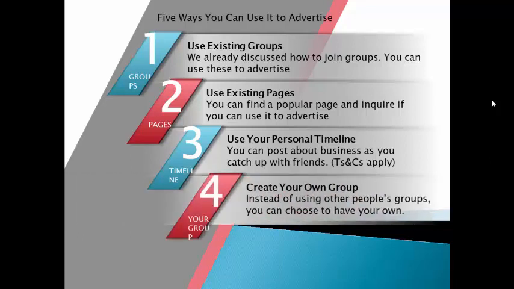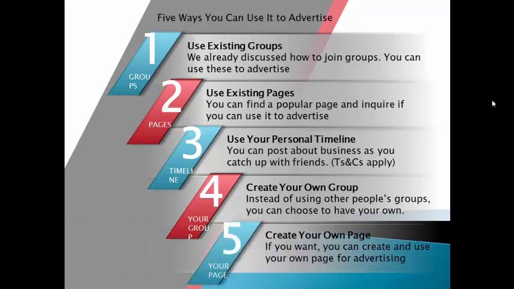The fourth option is you can create your own group. So instead of using other people's groups, you might decide that, okay, I've looked at all these groups and I think none of them really suits my own business. So you can create your own group and actually use it to advertise. The fifth option is create your own page. So if you want, you can create and use your own page for advertising.